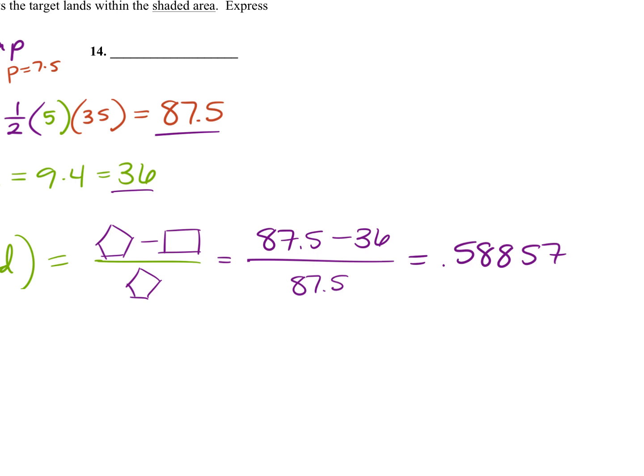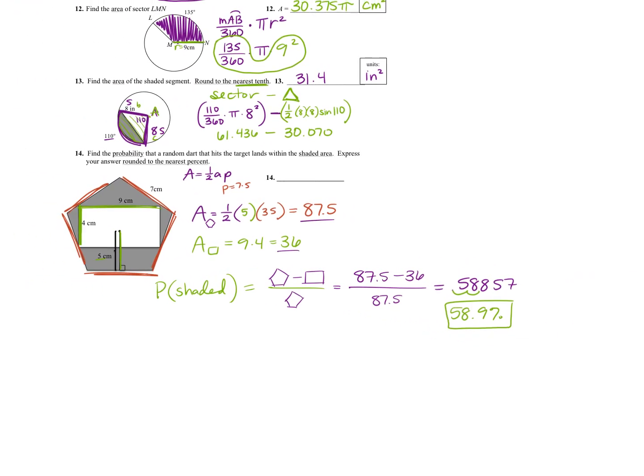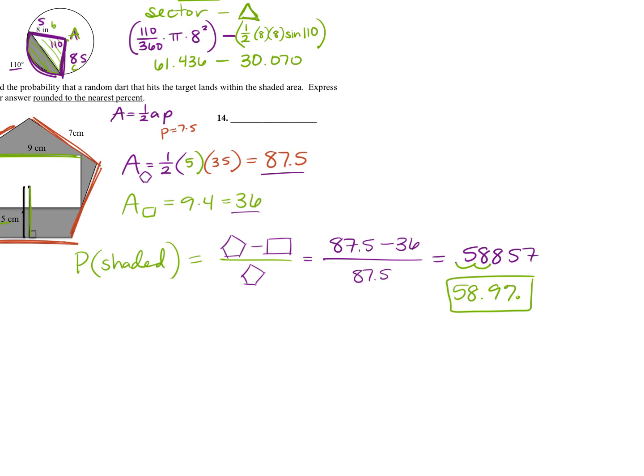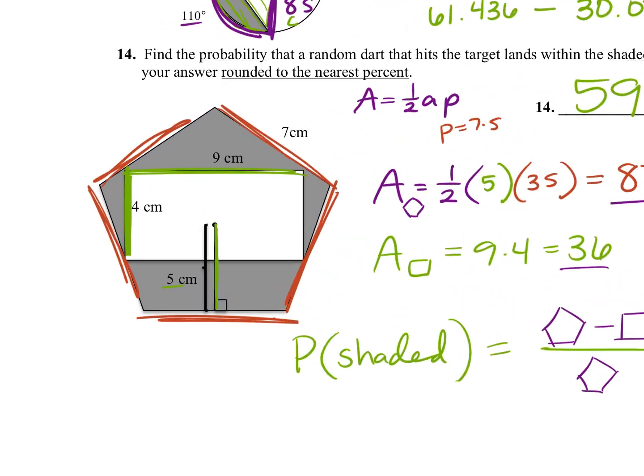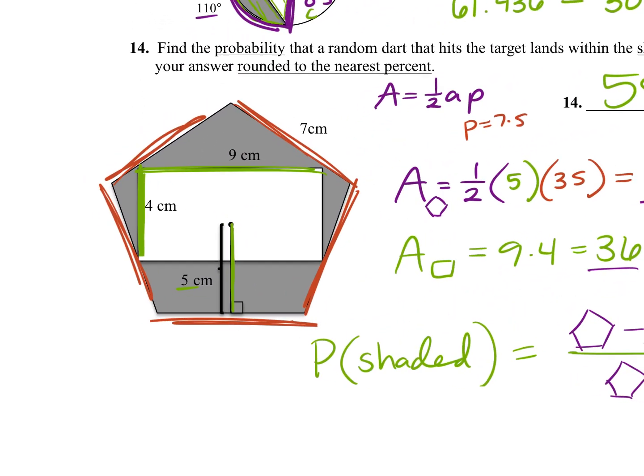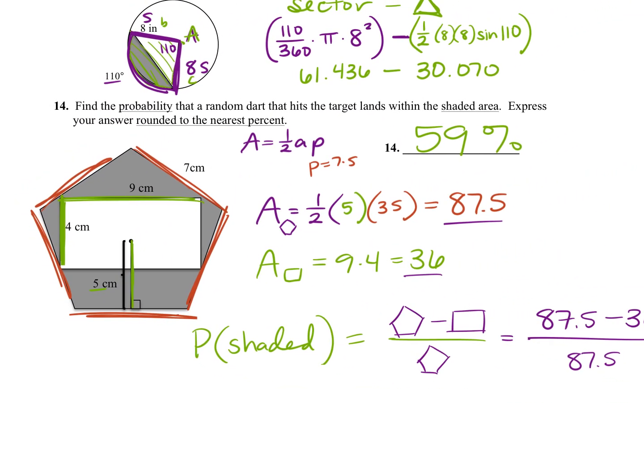We're turning that into a percent, so multiply by 100, and that would be about 58.9%. What did it ask for? Round to the nearest percent. So that's actually 59%. So it is a 59% chance that if you throw a dart and it's going to hit the pentagon, that it would hit in the grayed out area. Okay.